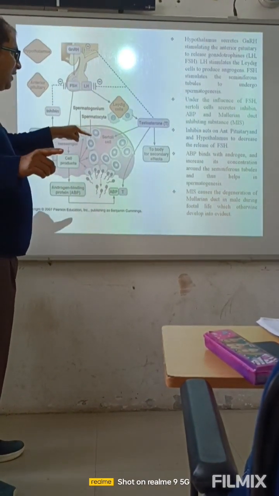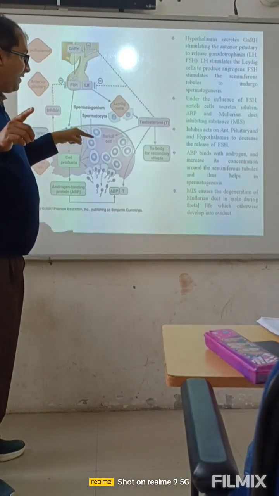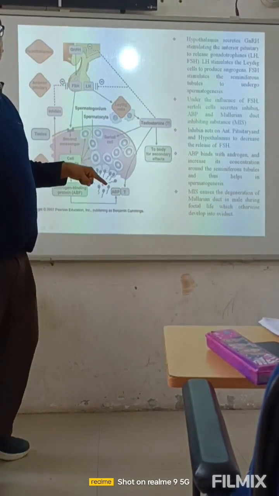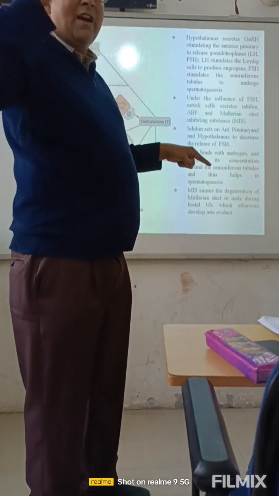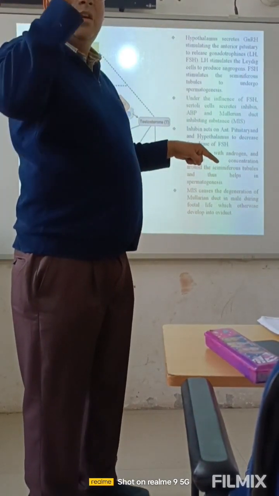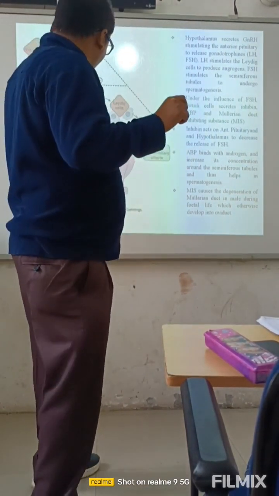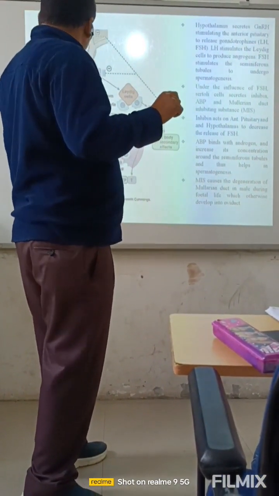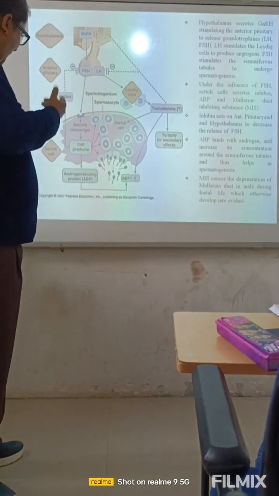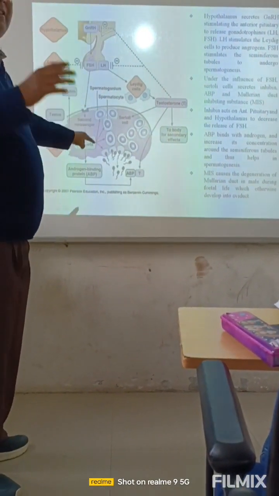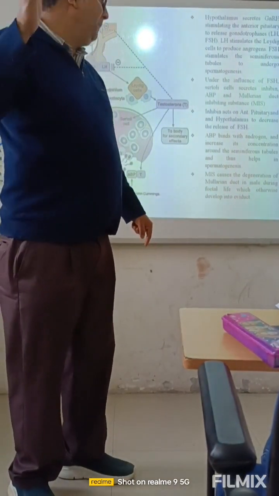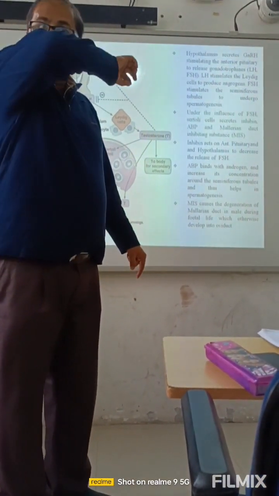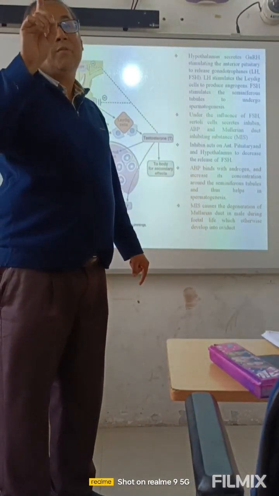Mullerian duct inhibiting substance, MIS, causes the degeneration of the Mullerian duct in males during fetal life, which would otherwise develop into the oviduct. In a fetus, MIS inhibits the Mullerian duct, so that the oviduct that forms in females does not form. So it helps in male development.